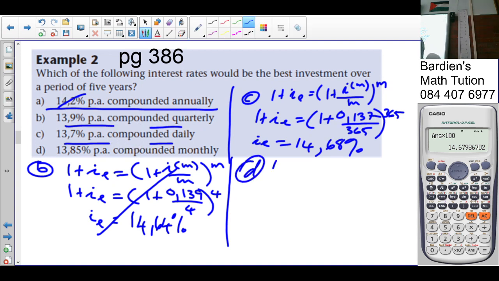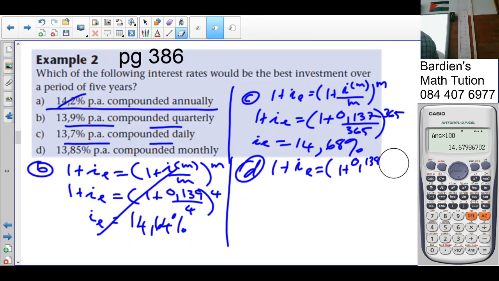Let's look at D. It is 1 plus i effective equals (1 plus i over m) to the m, which is 0,1385, sorry, over monthly, so it's over 12 to the exponent 12.